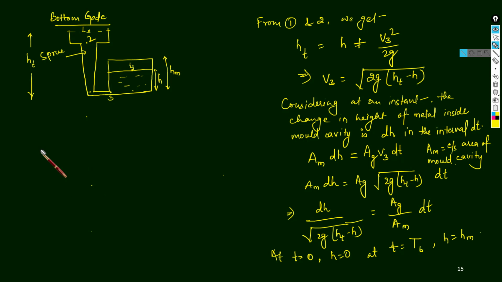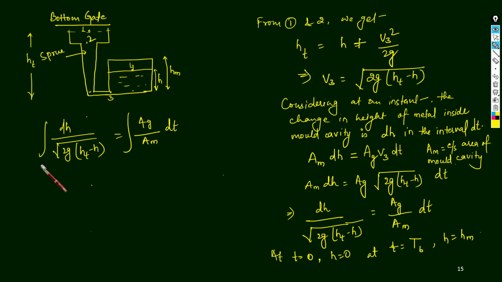See here, so what I'm going to do is integrate dh divided by root under 2g(ht minus h) equal to Ag by Am into dt, from 0, that is at time t equal to 0 the height is 0, and at time t equal to tb the height is hm.